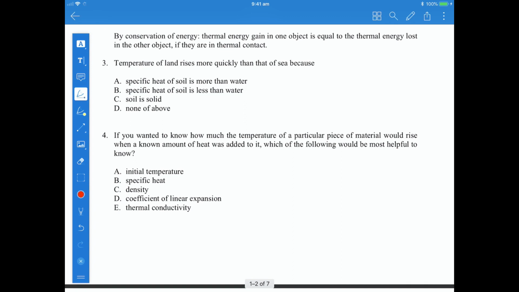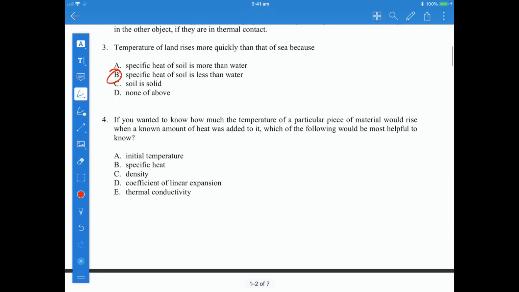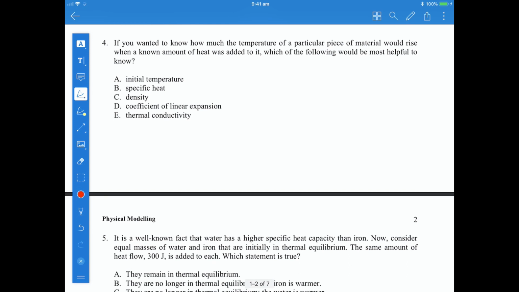Number 3. Temperature of land rises quicker than that of the sea because the specific heat of the soil is less than water. The answer is B. Number 4.